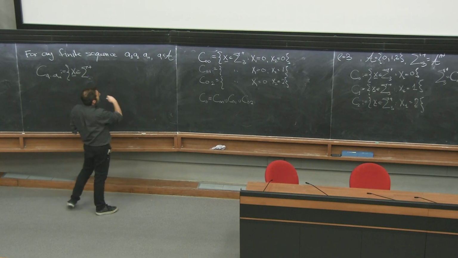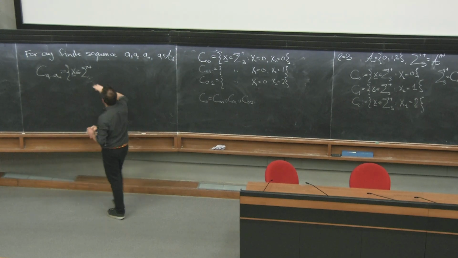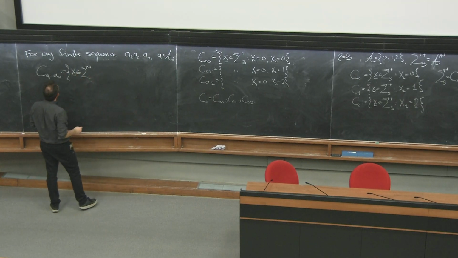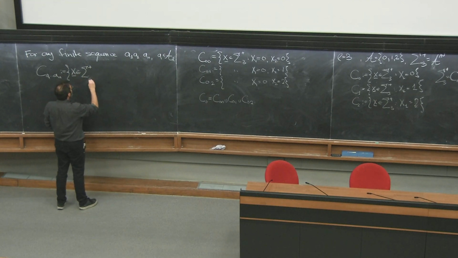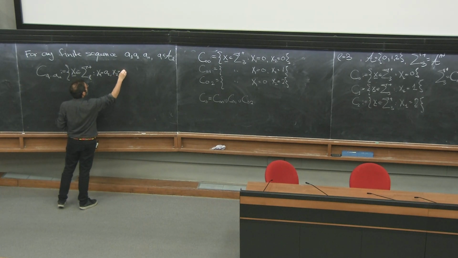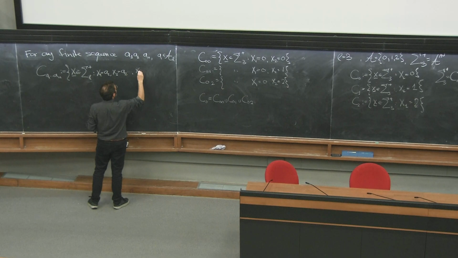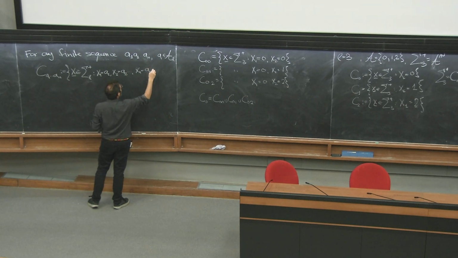Or let me now define it in general. So now we'll make a general definition. For any sequence, you take the x such that x1 equals a1, x2 equals a2, and so on up to xn equals an.